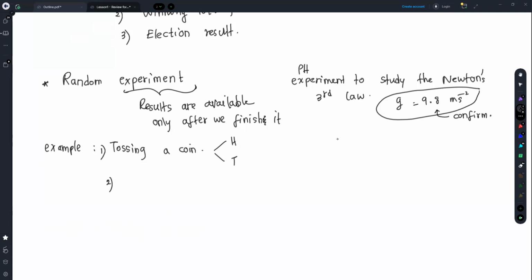Select a card from playing cards. Yes, that's a good one. Let's say selecting a card from a deck of playing cards.